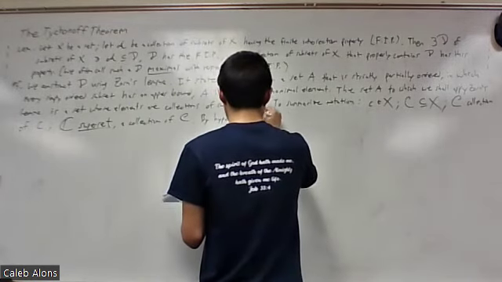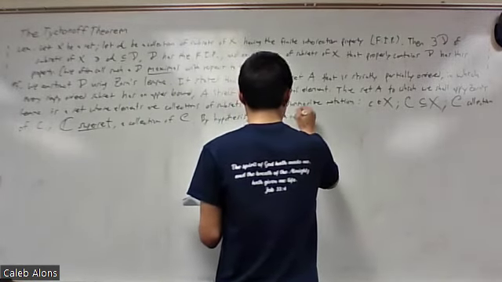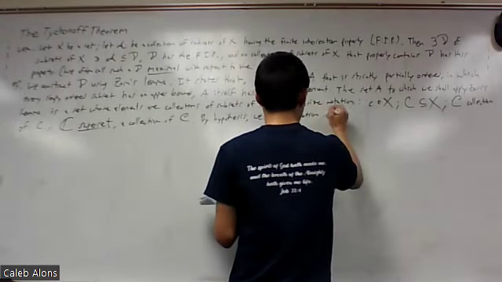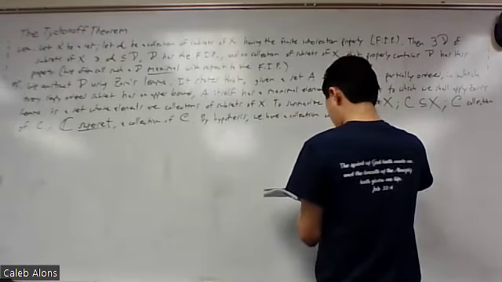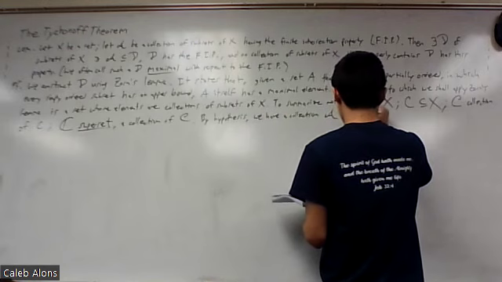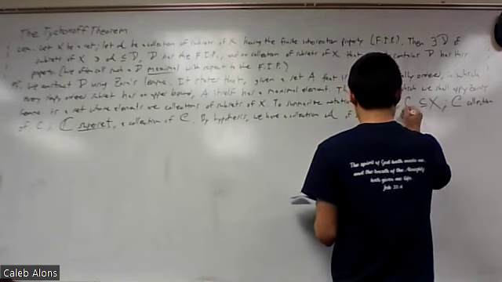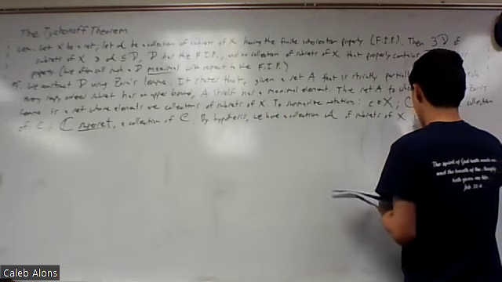Okay, so by hypothesis, we have a collection script A of subsets of X that has the finite intersection property.